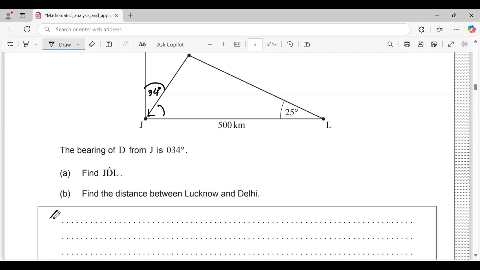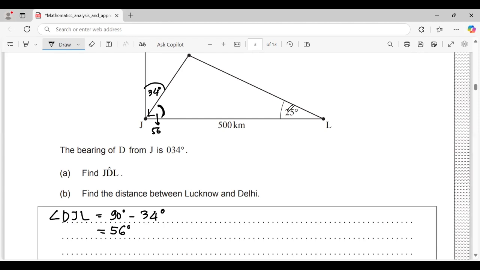So angle DJL equals 90 degrees minus 34, and it is 56 degrees. So this is 56.